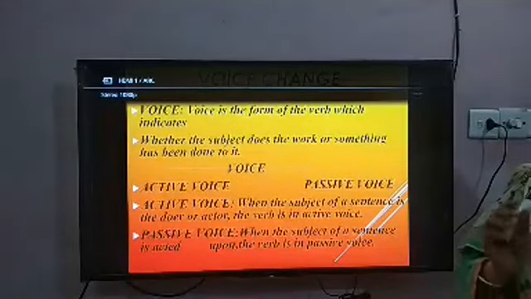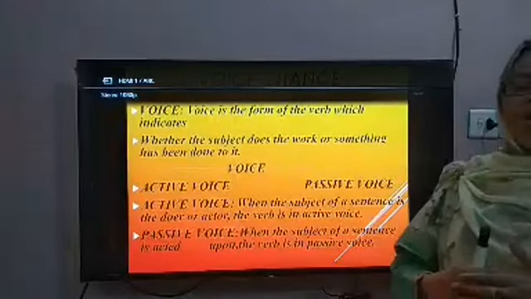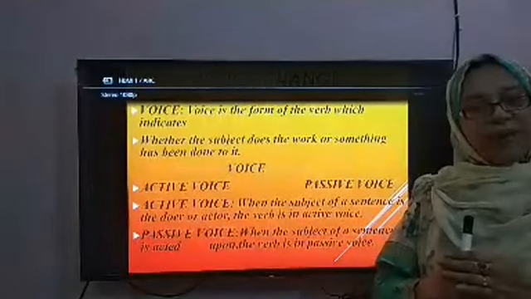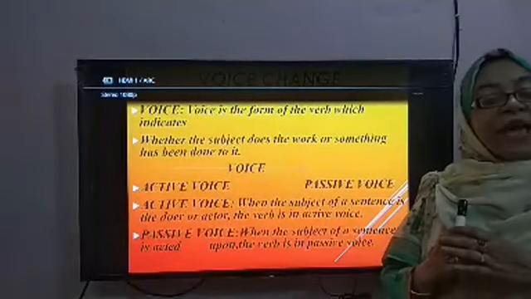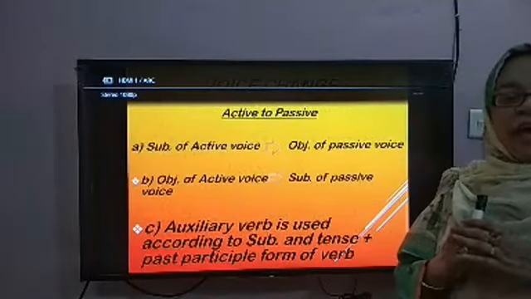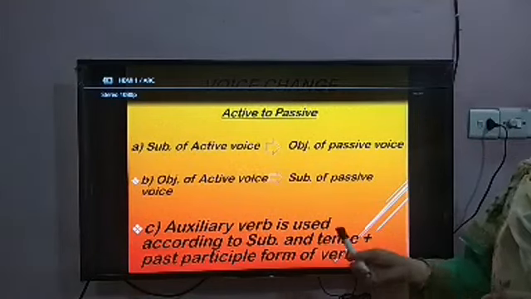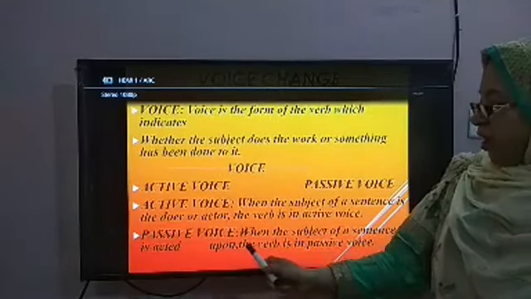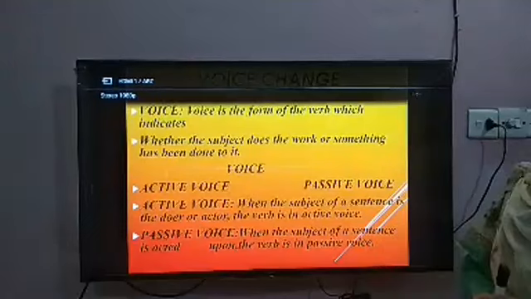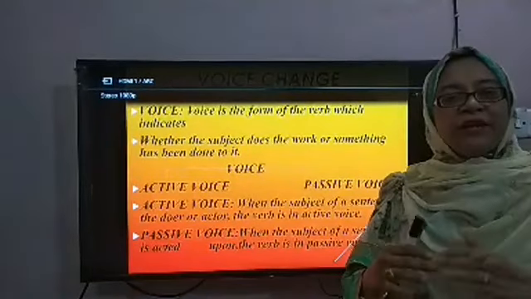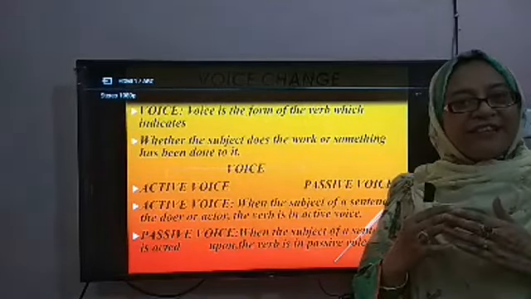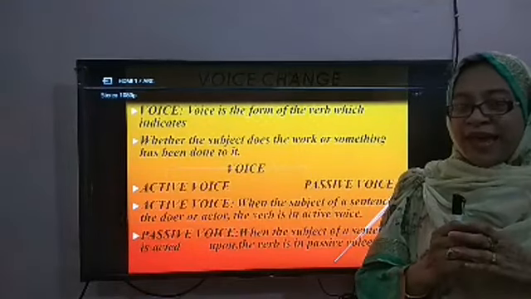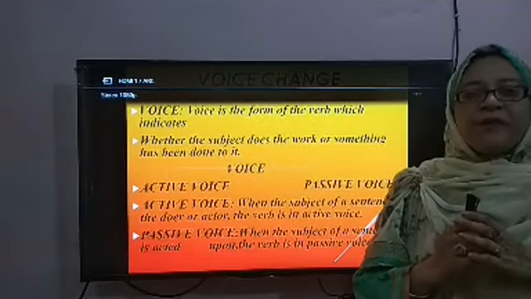And passive voice, what is passive voice? When the subject of the sentence is acted upon, then we find the passive voice.